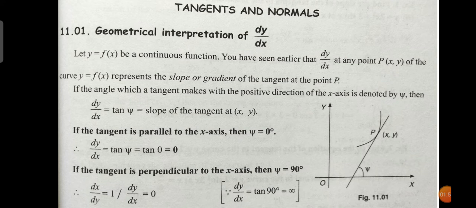The first application of derivative is tangents and normals. You know what a tangent and normal is.